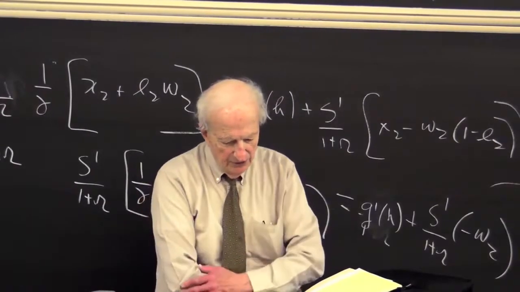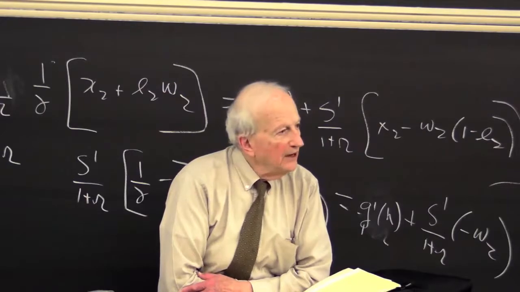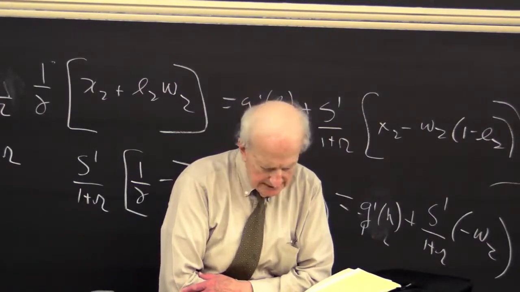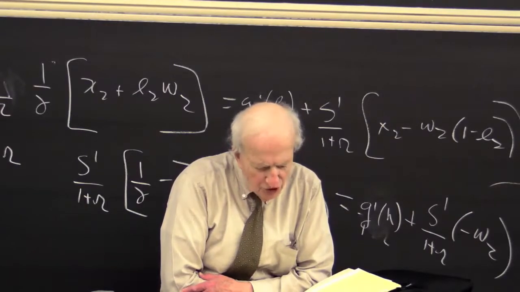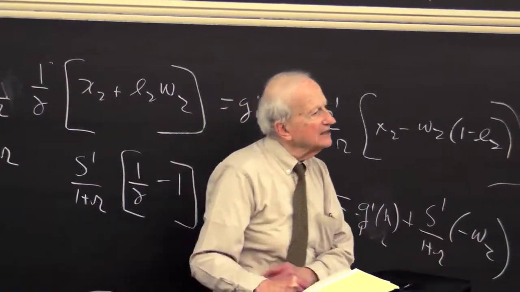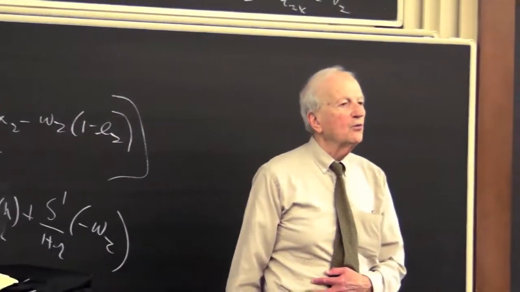All right. Now you say, what does that condition mean? Well, the way to understand what that condition means is the following. Suppose you chose H not to maximize expected discounted utility, but to maximize expected discounted wealth.